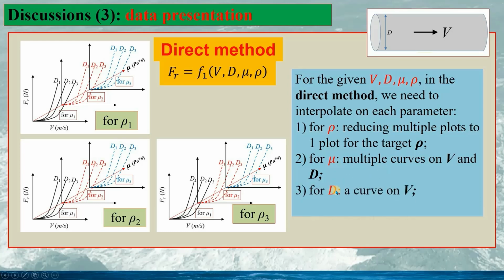And then for the given D, we can obtain a curve on V. And finally, for given V, we can obtain the fluid friction. So we can see the process for getting the fluid friction is also very complicated.